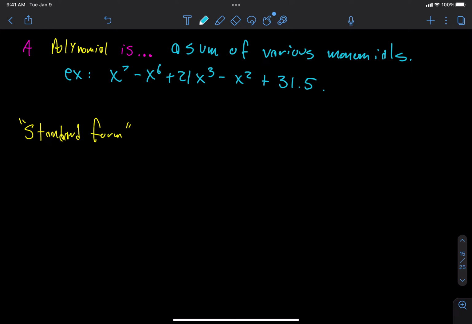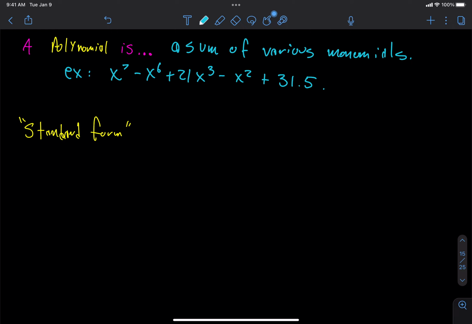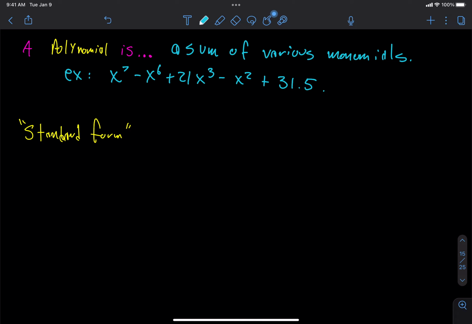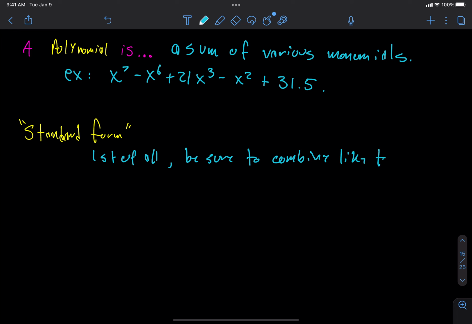So one thing that we want to talk about when we're talking about a polynomial is we like to write them in what we call standard form. And by standard form, the only thing that we mean is, first of all, be sure to combine like terms. So what do I mean by like terms?